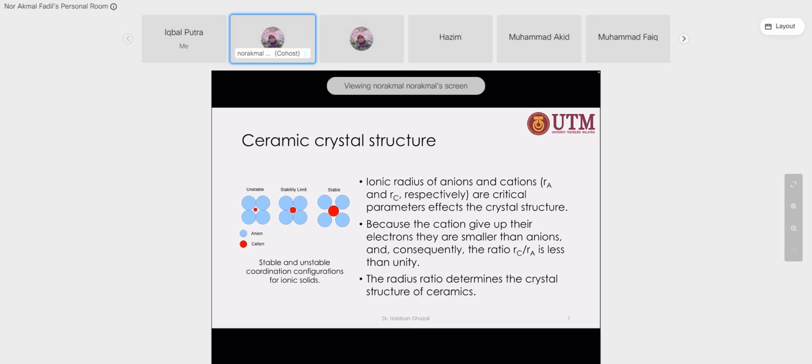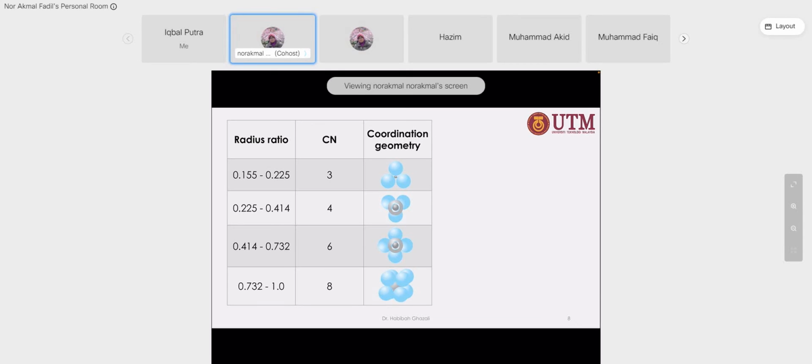The cation is smaller than an anion. And for the range of the Rc over Ra ratio, if you obtain a small ratio, basically you will have coordination number of 3, meaning that one cation will be surrounded by 3 anions. Like these smaller tiny gray atoms surrounded by 3 giant atoms. This is the coordination number 3, 3 atoms attached to 1 atom.